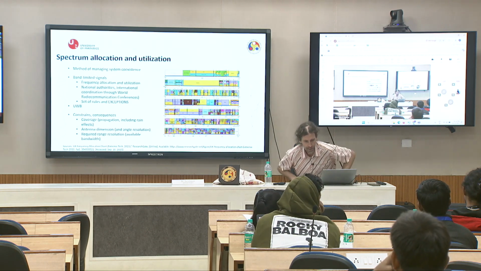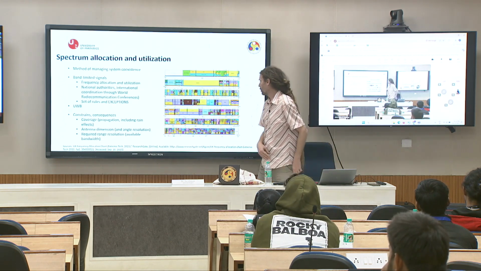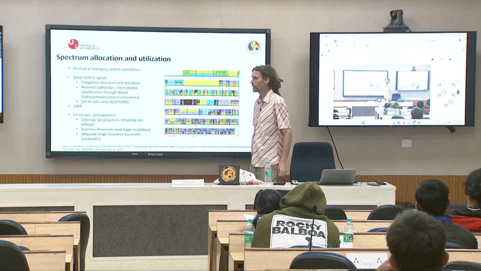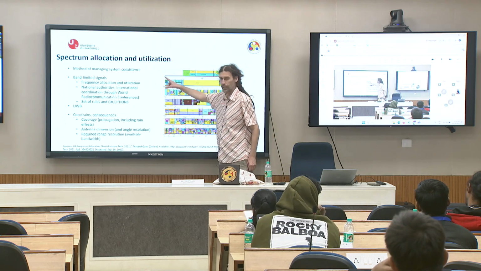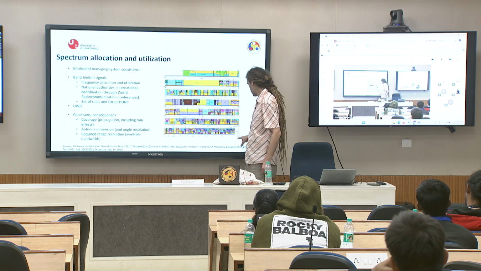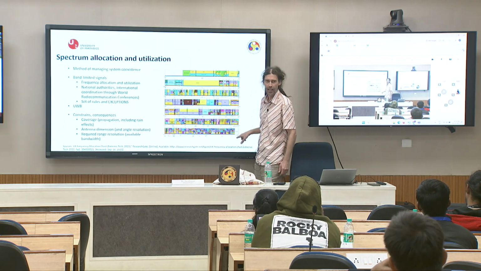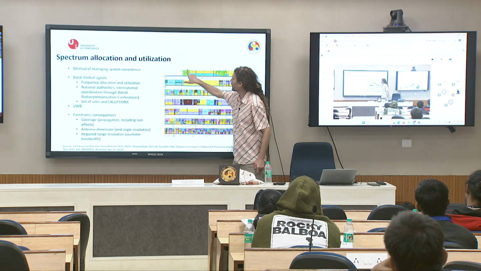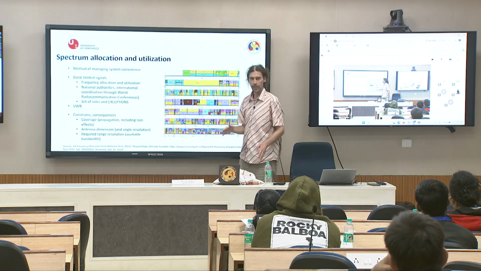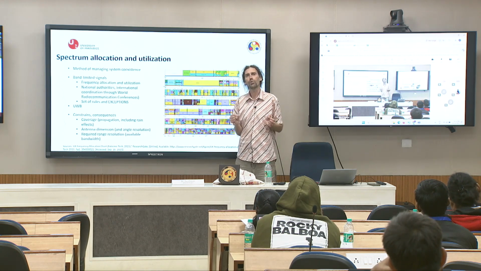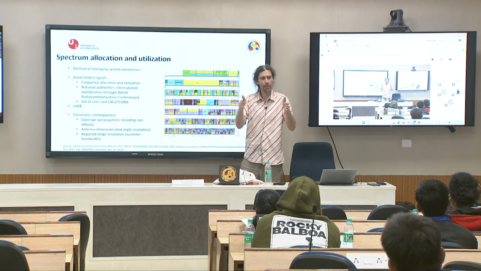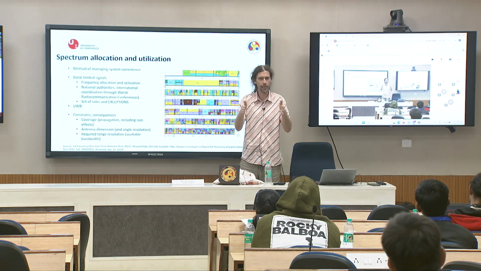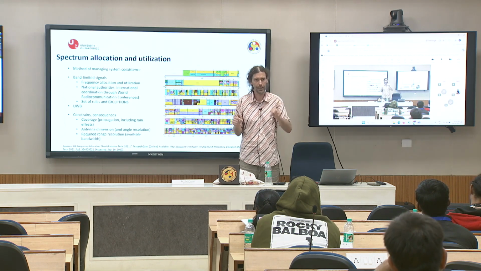And this is an example of a frequency allocation table. It is from 3 kilohertz up to 300 gigahertz, and each area means some reservation for some service, but not for an individual service.